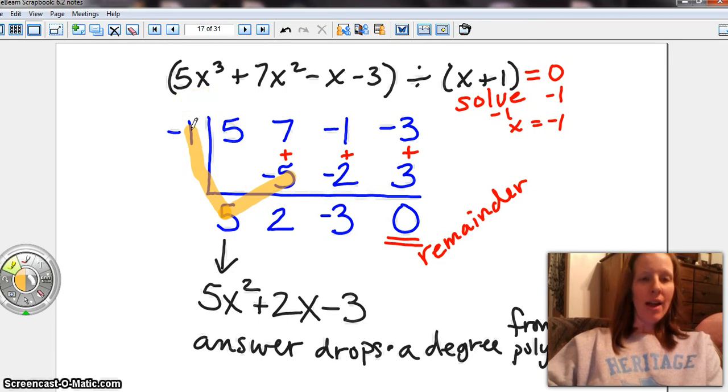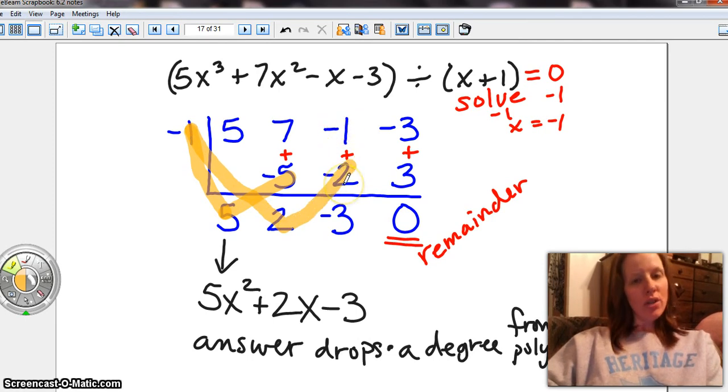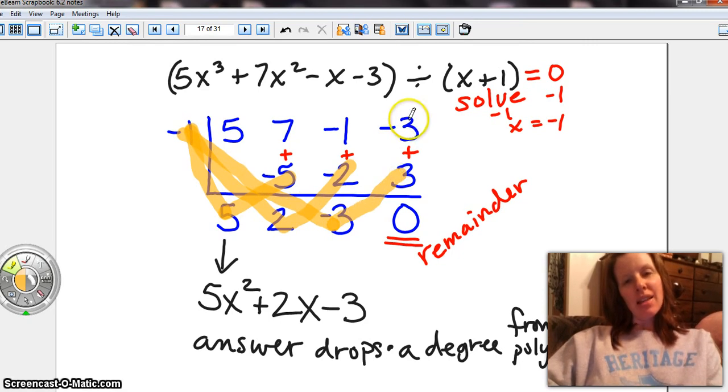And then I multiply again, -1 times 2, and I bring it up, and then I'm going to add -1 and -2, which gives me -3... which gives me 3. And again, I multiply and I bring it up. And then I do -3 plus 3, which gives me a 0.